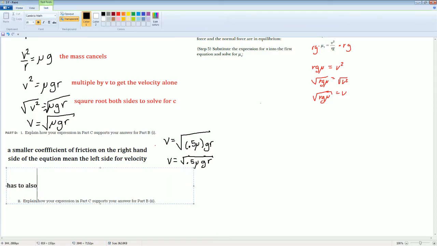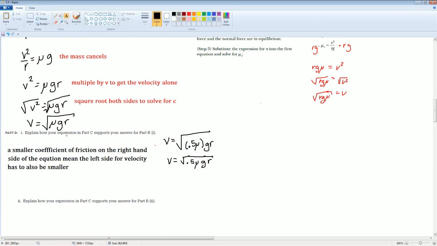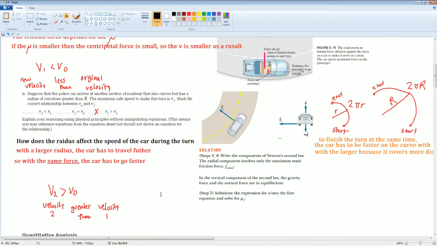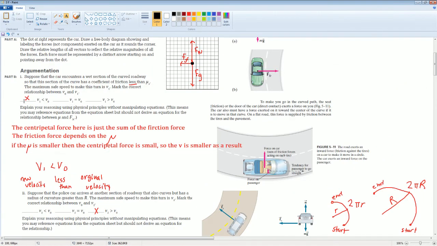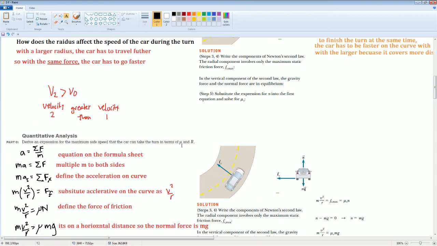So the right side goes down for mu, so the left side v goes down. Okay, so we were right here. Smaller mu means a smaller v.